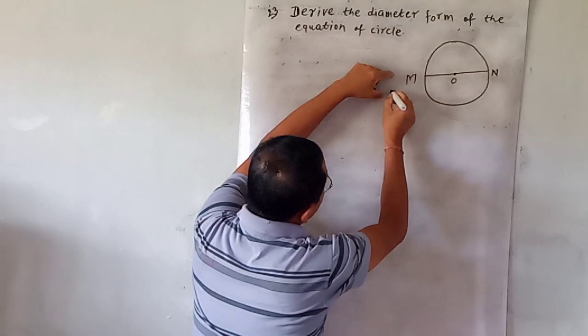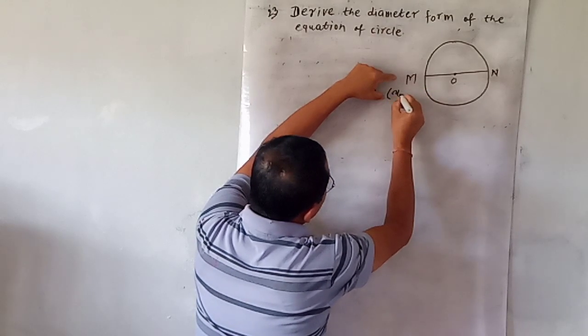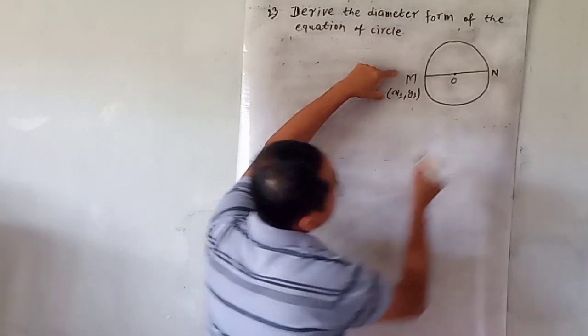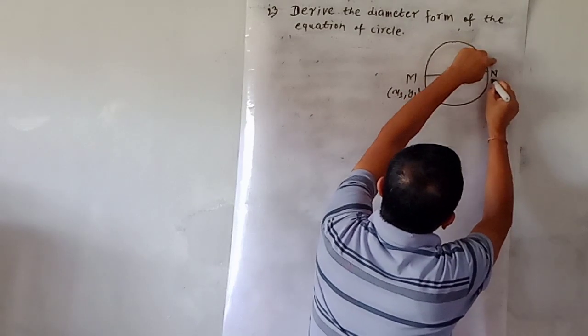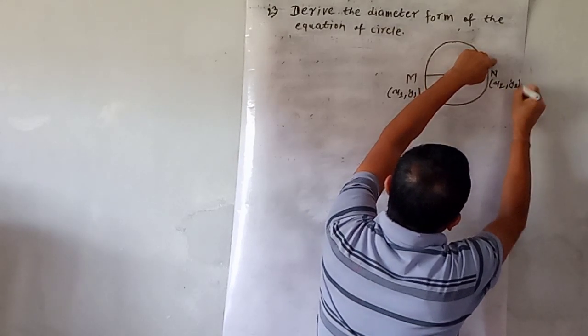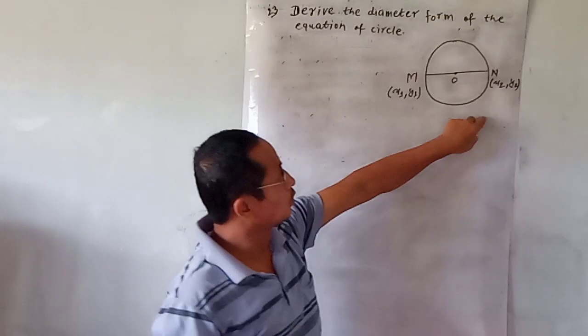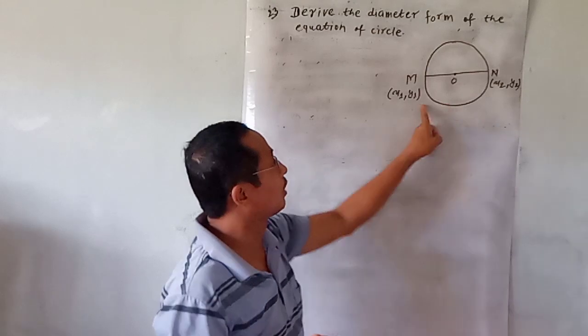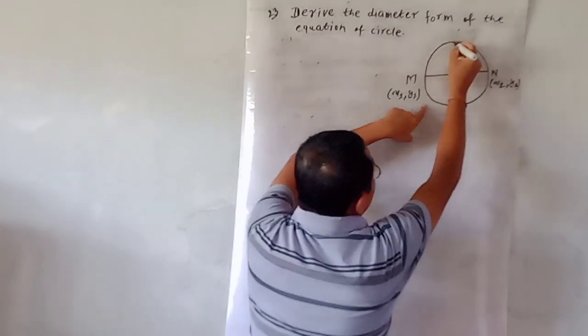Let the coordinate of M be (x1, y1) and the coordinate of N be (x2, y2).